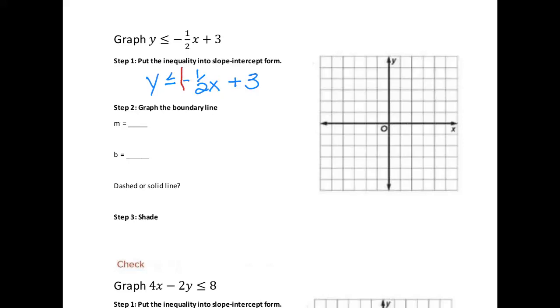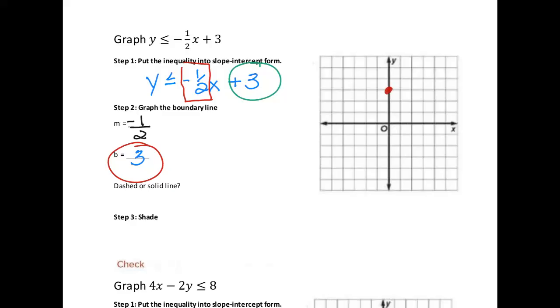Here is your slope, and here is your y-intercept. So I have a slope of negative 1/2, and I have a y-intercept of 3. All right, when we're graphing, whether it's an equation or an inequality, start with that y-intercept. 3: 1, 2, 3.